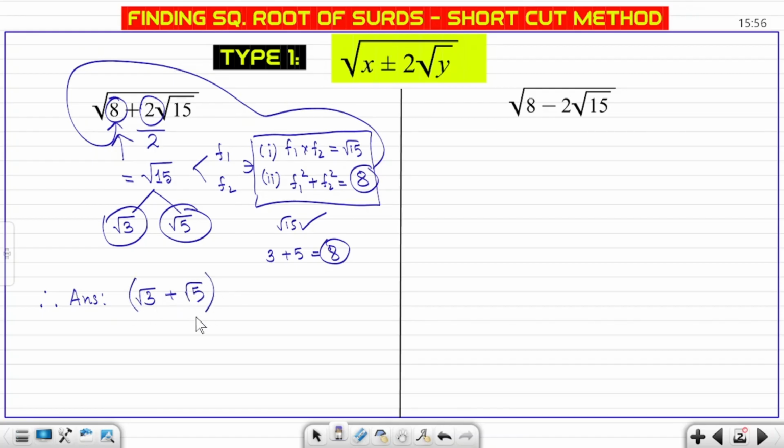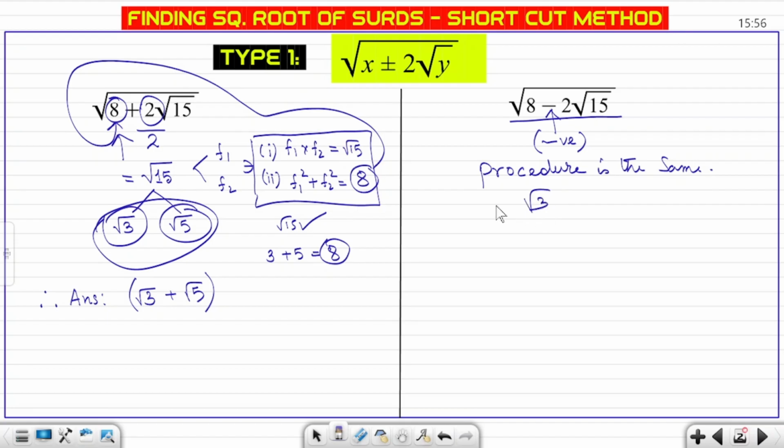This is the answer. Here is the same question, but the difference is that here it is negative. The procedure is the same. You get root 3 and root 5. When there is a negative, you have to keep a negative sign between these two, but find out which one is greater. Root 5 is greater, so the answer would be root 5 minus root 3.